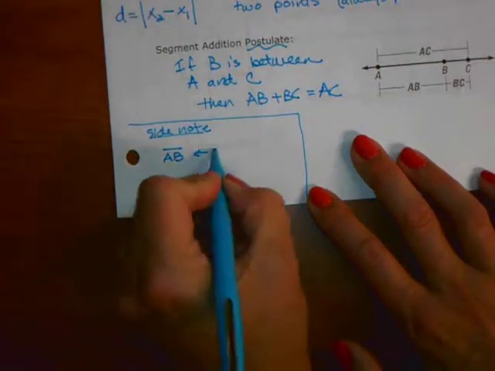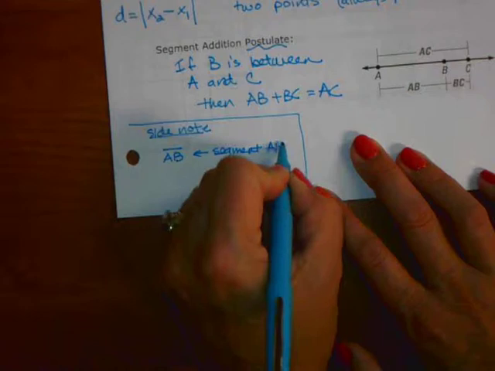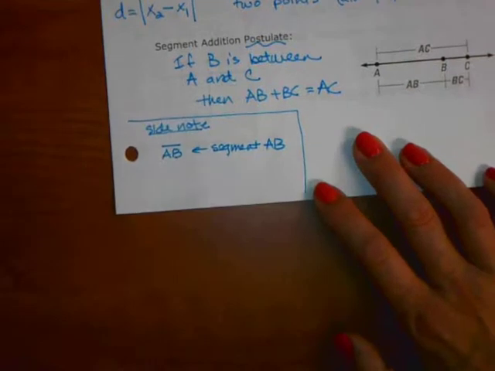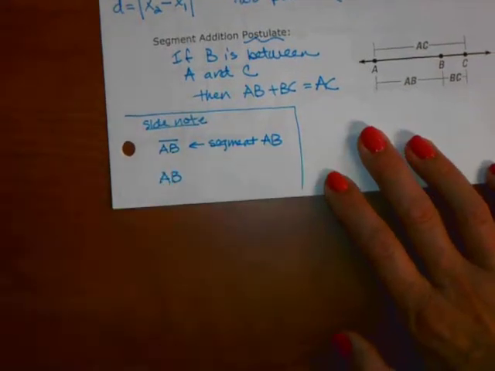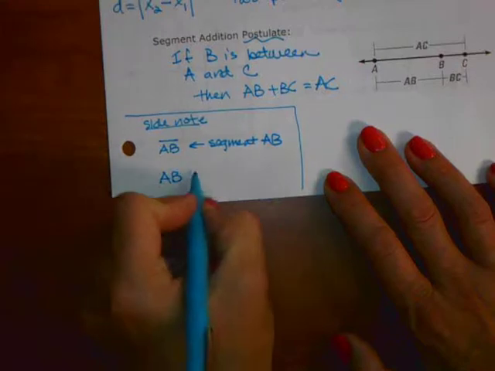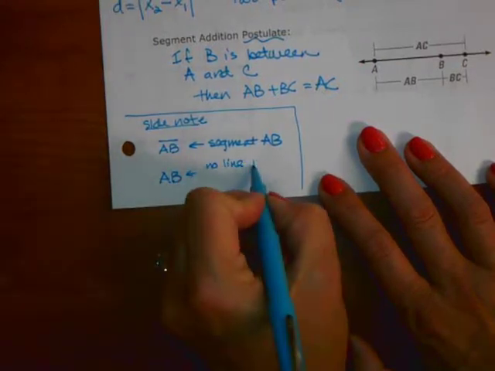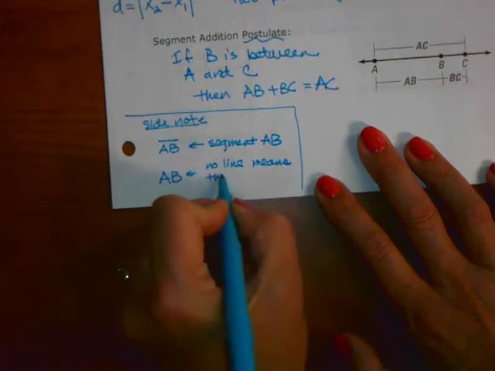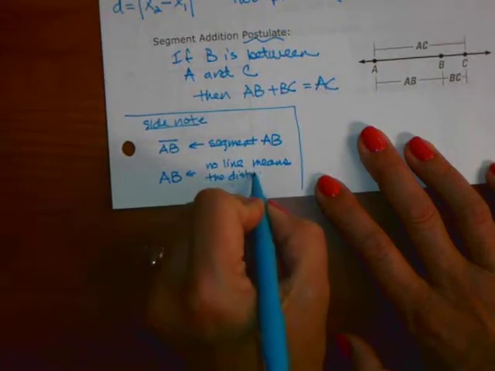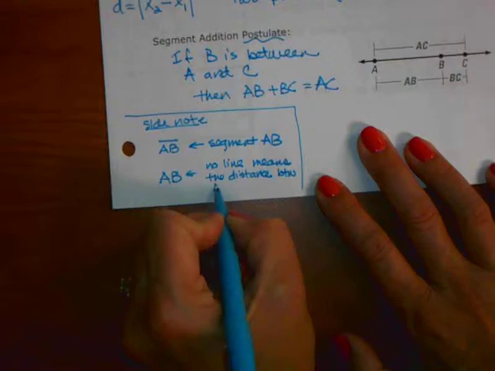Okay, that means you're referring to segment AB. But when there's no line, it means the distance between A and B, or how long it is.